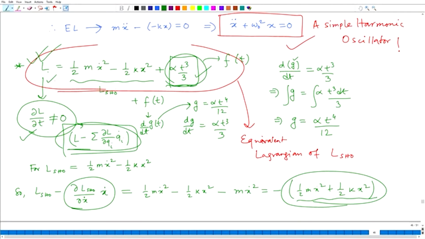So, if you do not find any conserved quantity from just seeing the structure or the symmetry of the Lagrangian, it does not say that the system does not have any constants of motion. Once again, you have to first solve the Euler-Lagrange equation, get the equations of dynamics, and for that again you search whether there are any constants of motion or not.